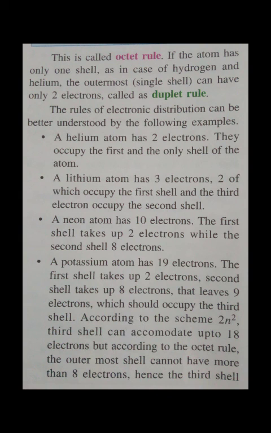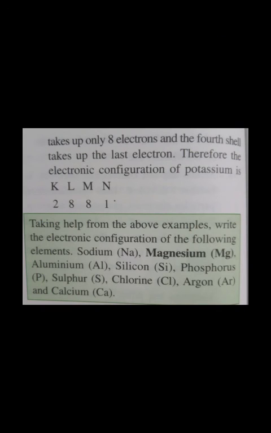We will keep 8 electrons in the M shell and place the remaining 1 electron in the next shell, that is the N shell, right? First shell 2, remaining 17, next shell 8, remaining 9. So we cannot fill all 9 in the M shell because of the octet rule. 8 in the M shell, 1 remaining in the next shell.